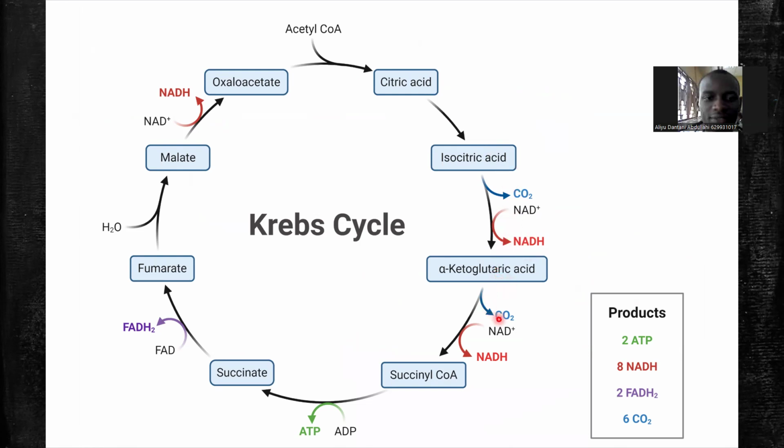Alpha ketoglutarate dehydrogenase decarboxylates alpha ketoglutarate to produce succinyl-CoA. Here we also have a reduced NADH produced just like this. All these reduced coenzymes go into the electron transport chain to give off ATP. Okay, so succinyl-CoA to succinate produces ATP. This is called substrate level phosphorylation. You have production of ATP here in the citric acid cycle.